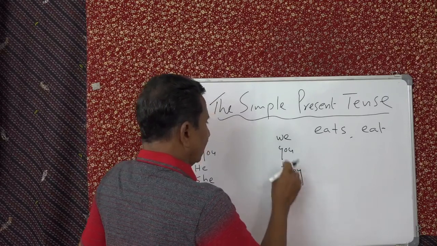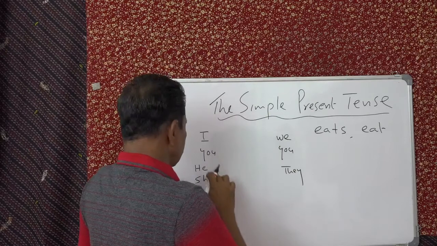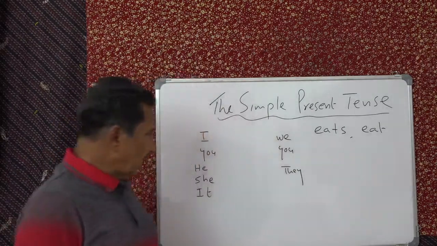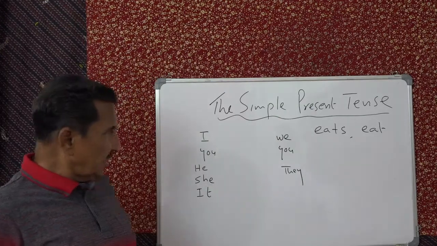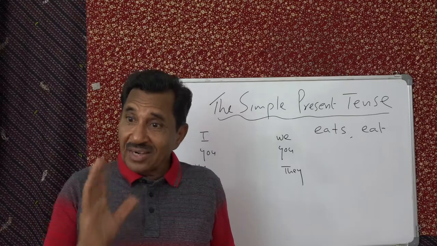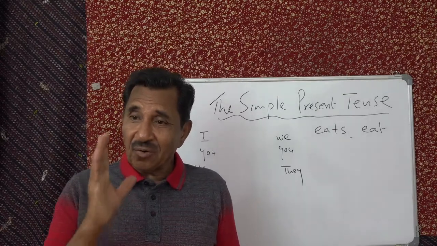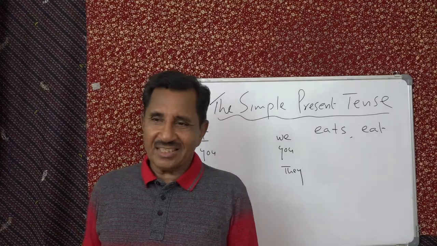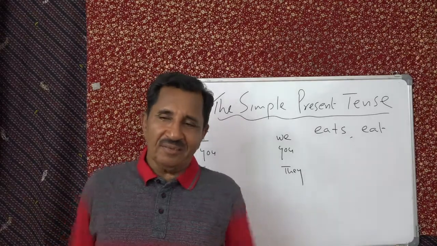See that? 1, 2, 3, 4, 5, 6, 7, 8. So we have seen that in English you can begin a sentence only by taking one of these as subjects. Understand? There's no other way.